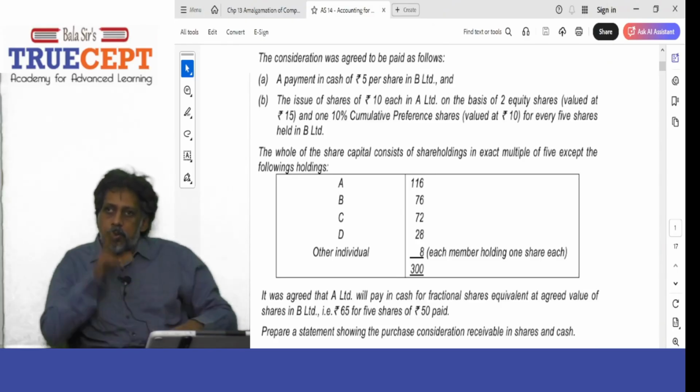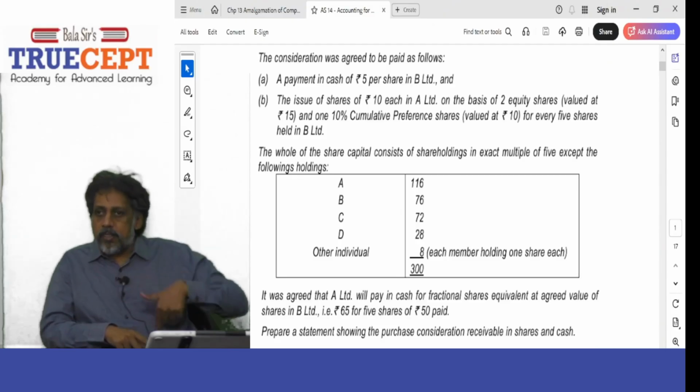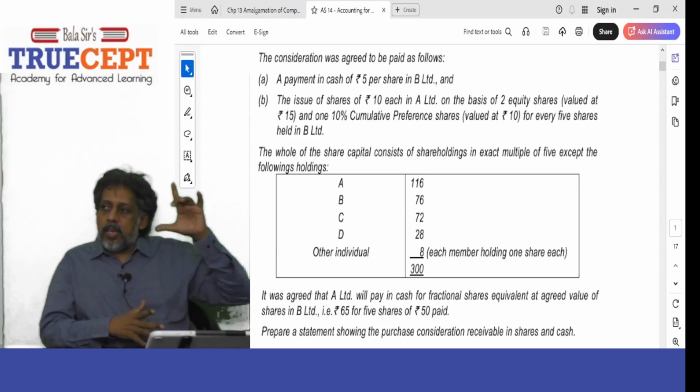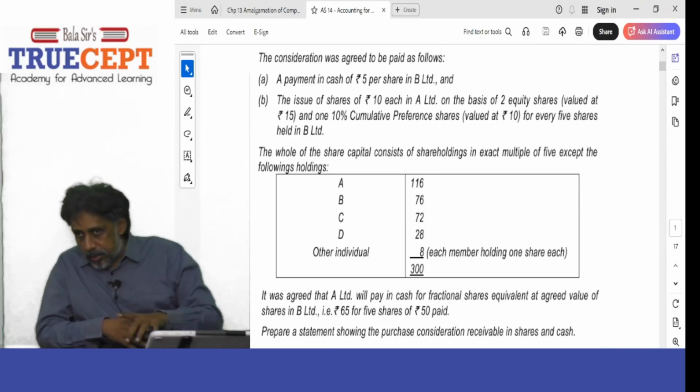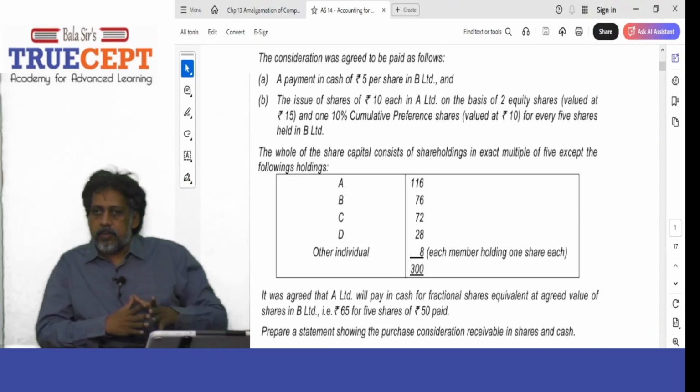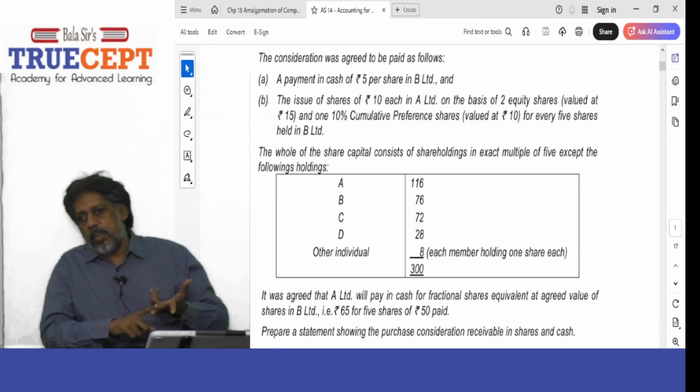For every 5, 2 shares. 46.4. Can I issue 46.4 shares in my company? No. Can I issue a 0.4 share? No. It should be either 1, 2, 3. It cannot be a fraction of an equity share. Please remember, these 116 shares held by A are not in multiples of 5.